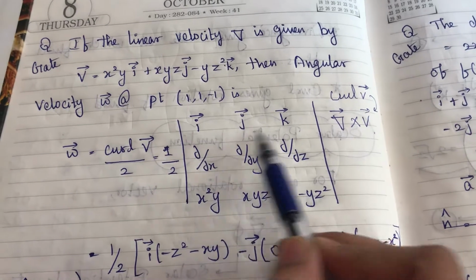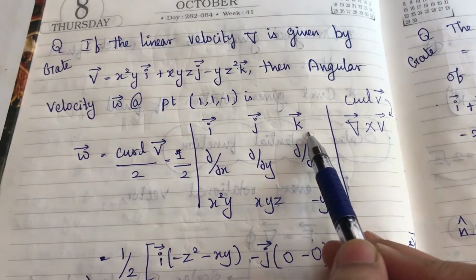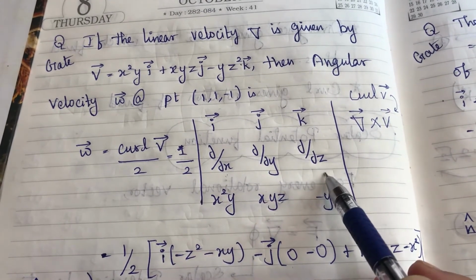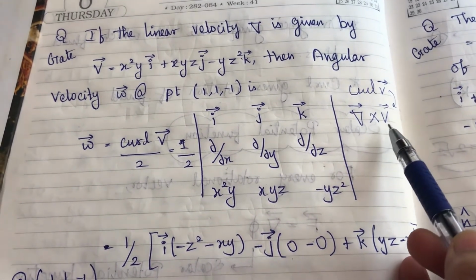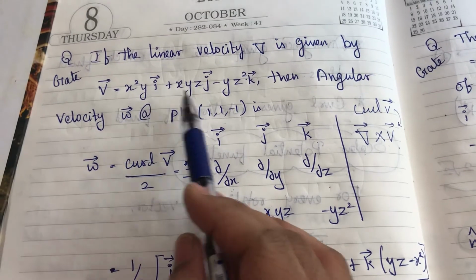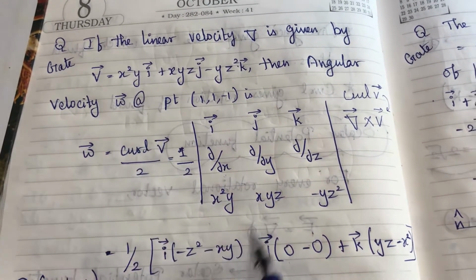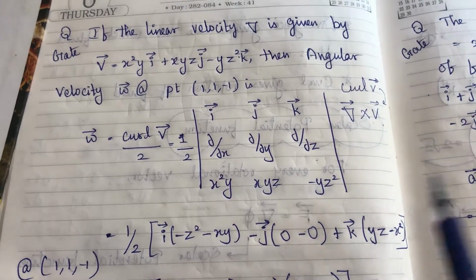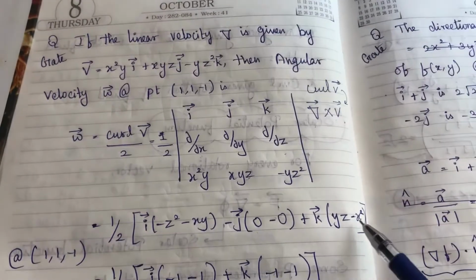So I am just writing i, j, k here as the first row. The next row is del: dou by dou x, dou by dou y, dou by dou z. The next row is v. So what are the v coordinates? x square y, xyz, and yz square. I am just taking the determinant here.